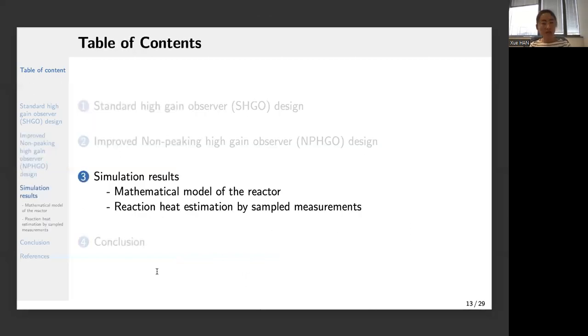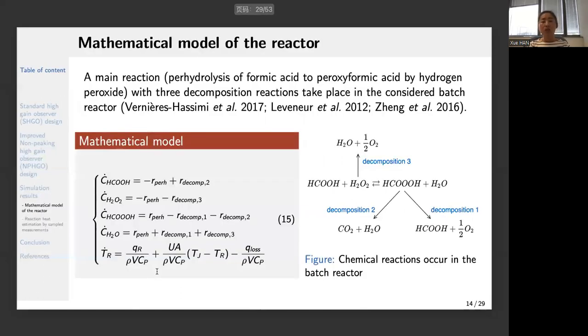So here comes the simulation part. What we use is a chemical reactor. It has one main reaction and, at the same time, three sub-reactions, that is the decomposition of the H2O2 and also this reactant.